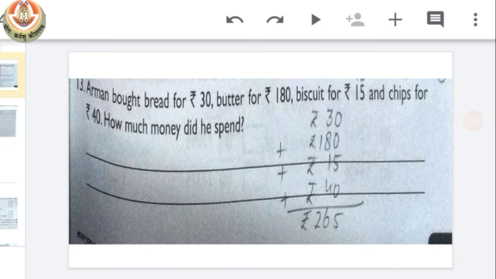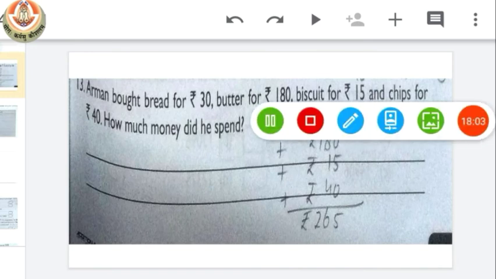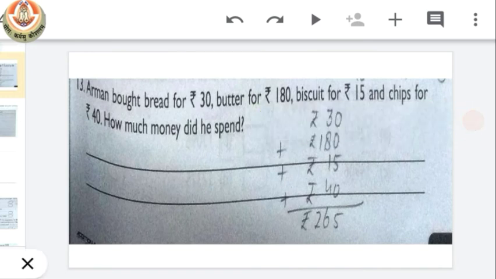Now the next question is, Arman bought bread for rupees 30, butter for 180, biscuit for 15, and chips for 40. We have to add the total spend. So for this we just add all these things. So this is a question you have to do yourself. It is just an addition question.